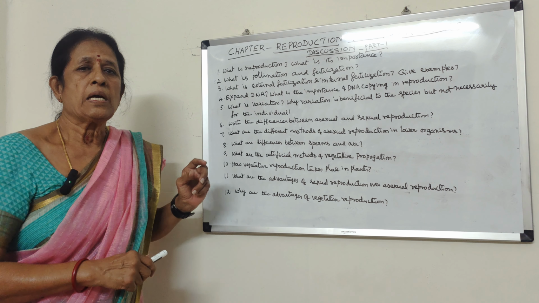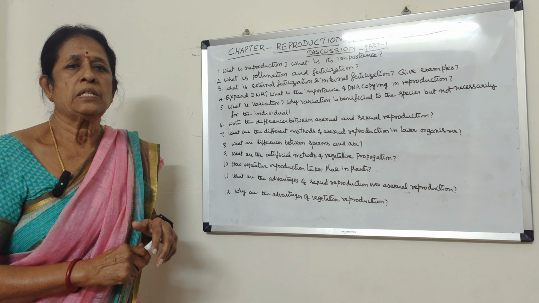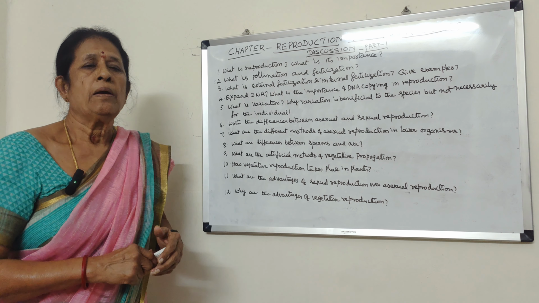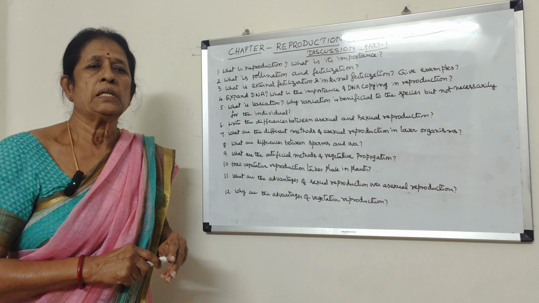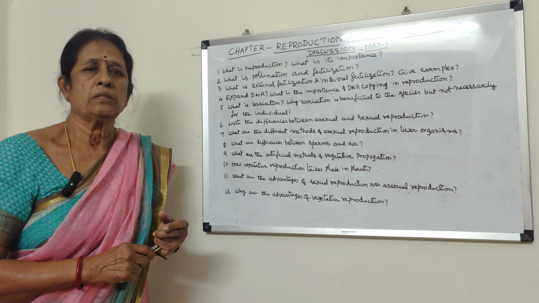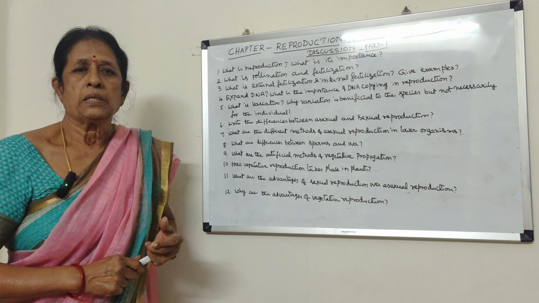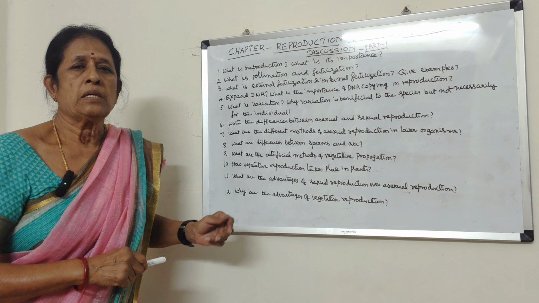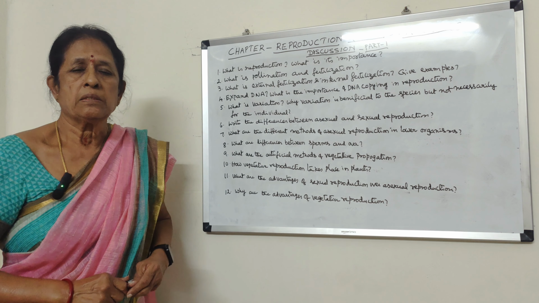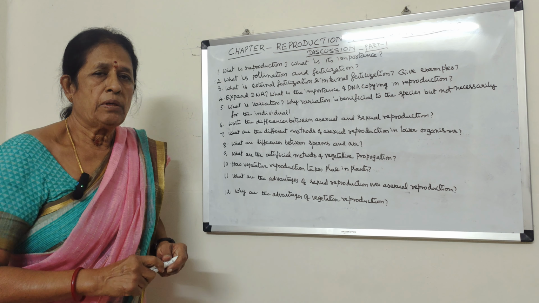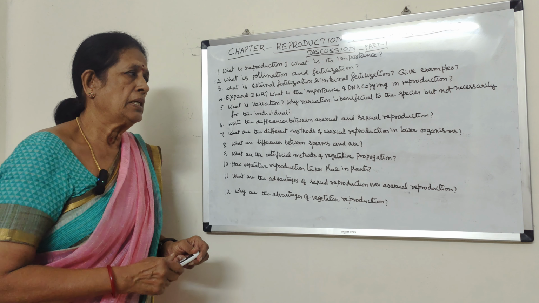That means nature has very little choice in choosing better organisms in asexual reproduction, whereas in sexual reproduction, nature has a lot of choice to choose the better organism. So that is why in asexual reproduction there is less chance for evolution, whereas in sexual reproduction there is more chance for better development, better organisms, better generations.